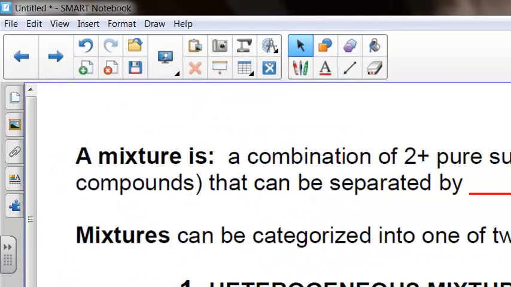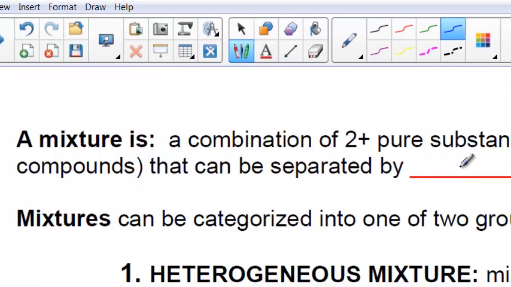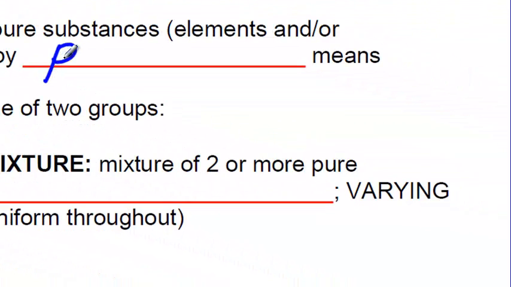A mixture is a combination of two or more pure substances, meaning elements and/or compounds that can be separated by physical means. Now, when I talk about physical means, let's take a minute and review.